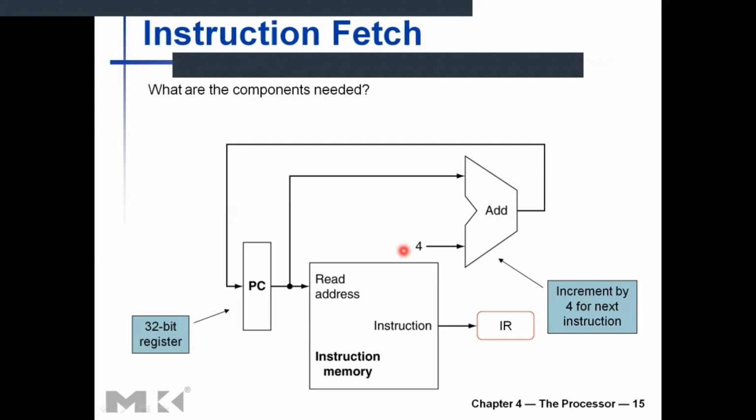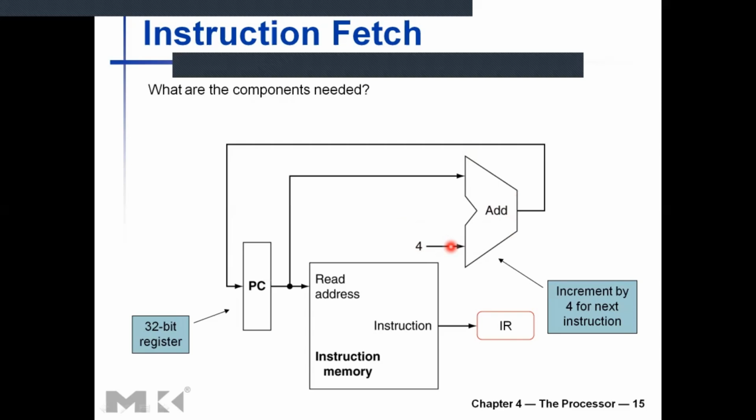So the usual progression of the program in the CPU will need your program counter to increment by 4 every time. That is assuming that you are not dealing with a branch or a jump instruction, jump and link, or branch type instruction.